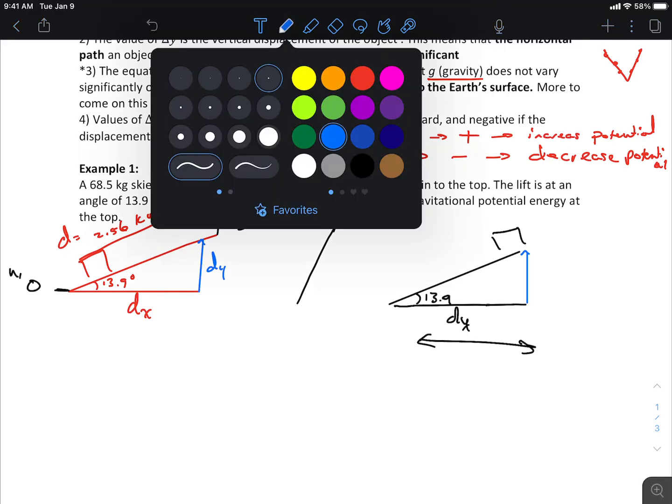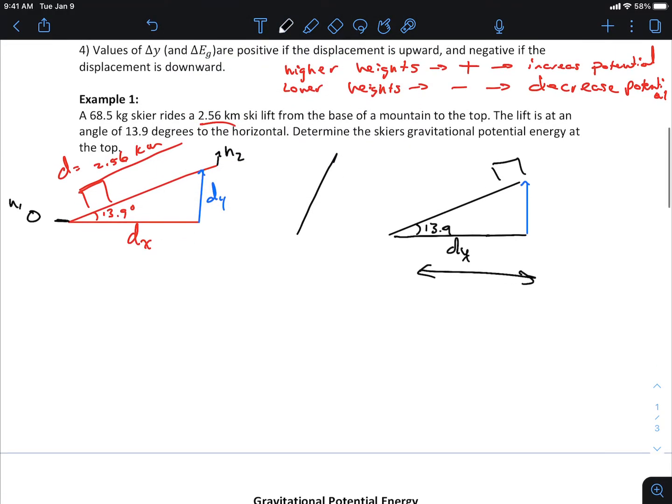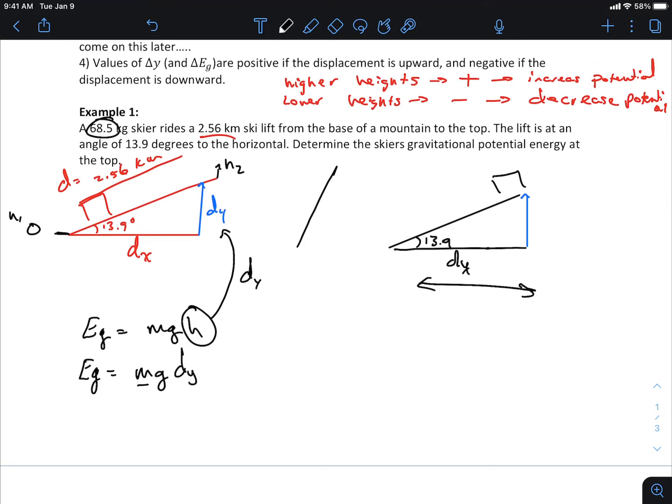The gravitational potential energy is equal to mgh. What is h in the context of our question? It's going to be dy. So Eg equals mg dy. We know the skier's mass, and we know the g value. What do I have to solve for? Dy. Well, how do I find dy?